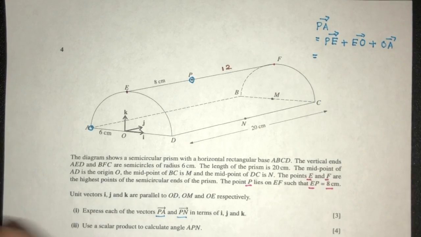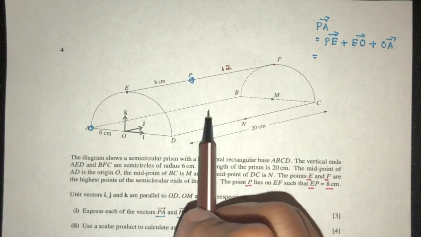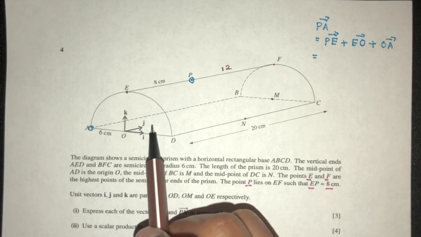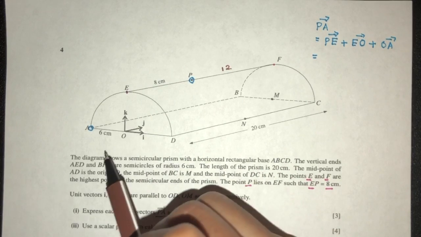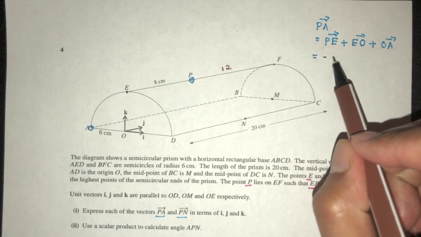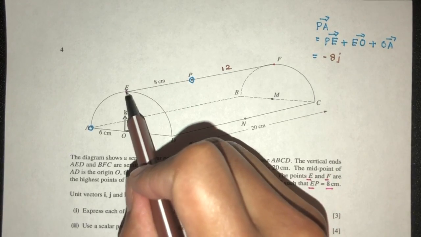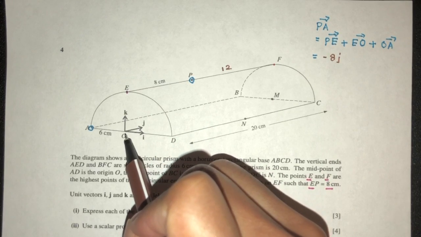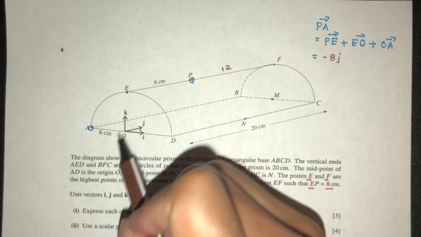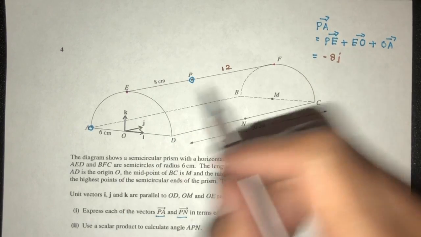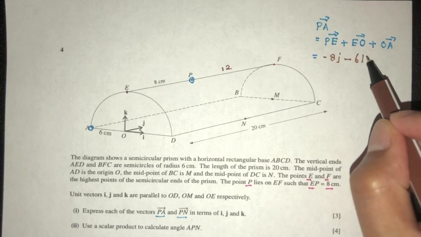Now let's find those values one by one. So P to E. Because J is in this direction, going from P to E will be in the opposite direction, so it has to be negative J. The length is 8, so that will be minus 8J. That's the first step. Now EO, from E going down to O. O going up to E is K, but going down is the opposite direction, so minus K. This value will be 6 because it's the radius, so minus 6K.